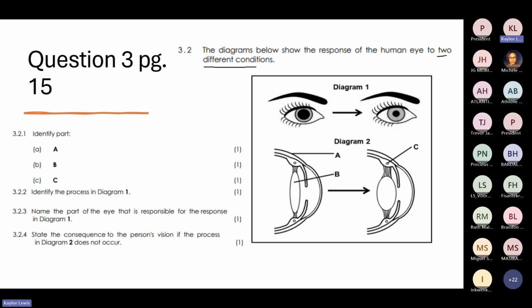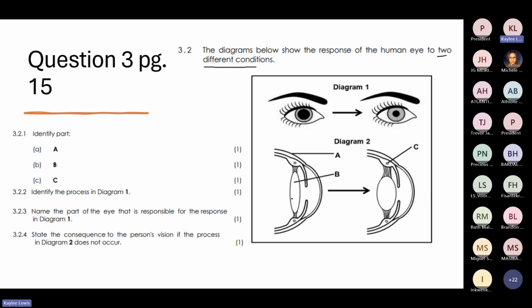So that's diagram 1. Then if we look at diagram 2, you can see the pupil size almost remains the same. So we're not looking at the pupil size over here. We're not looking at pupillary mechanism. Instead, what I'm seeing a difference in is the structures over here, the lens and the suspensory ligaments, and the ciliary body.